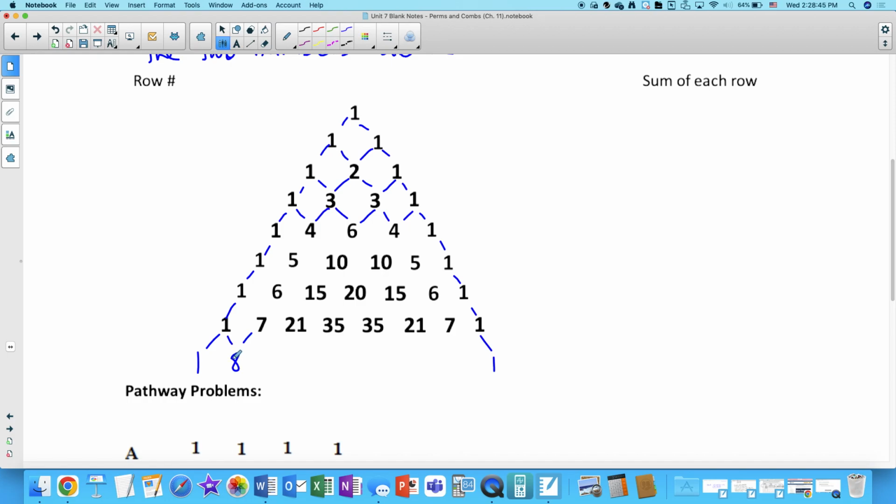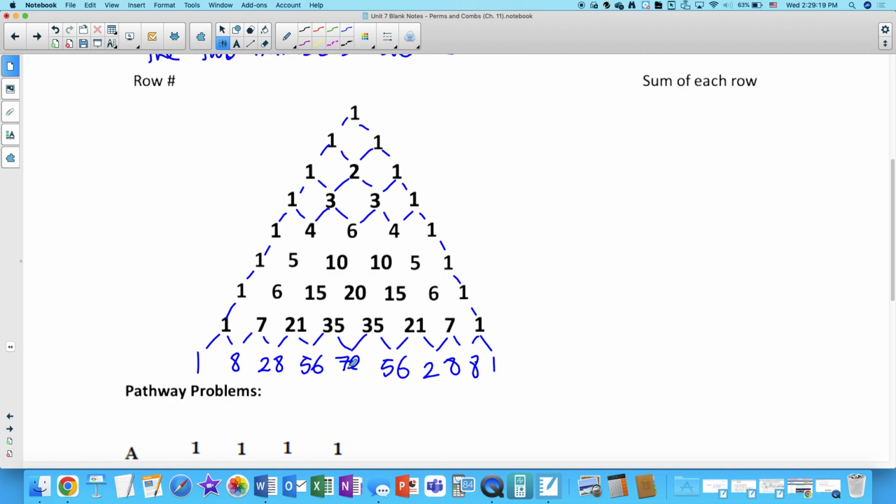And then the next one? 28, 56, yeah, 70, oh, 70, sorry. And then 56 again, 28, and 8, okay? And the other thing to notice about the Pascal's triangle is that each row is like a palindrome. You can read the numbers from left to right or right to left, and they're in the same order.